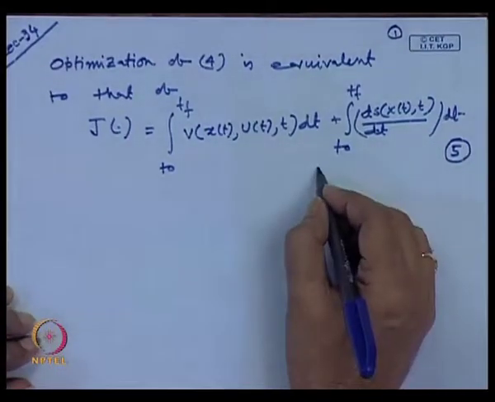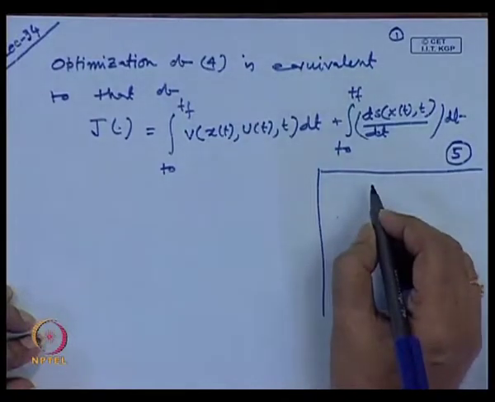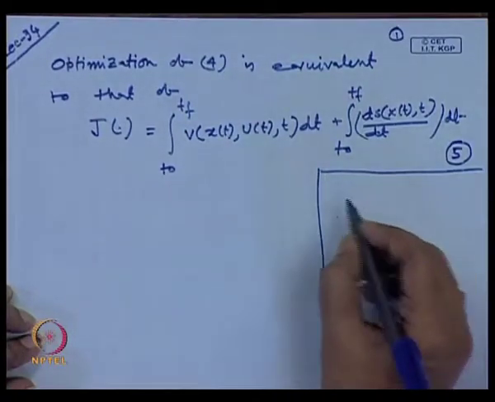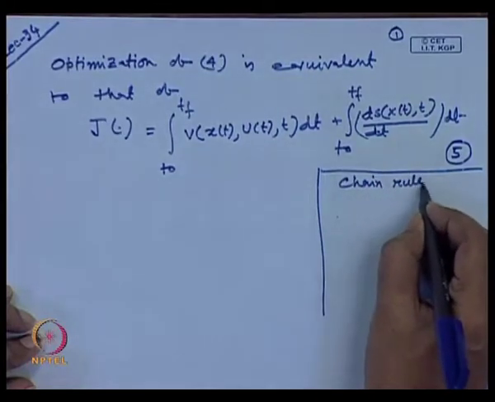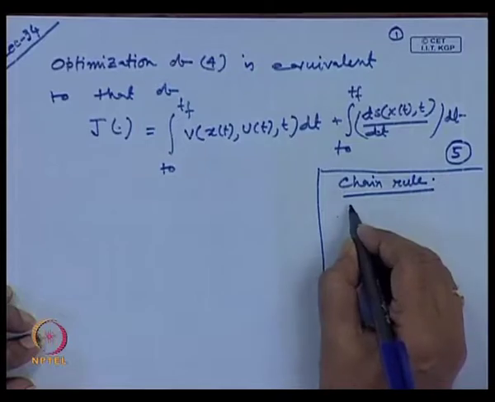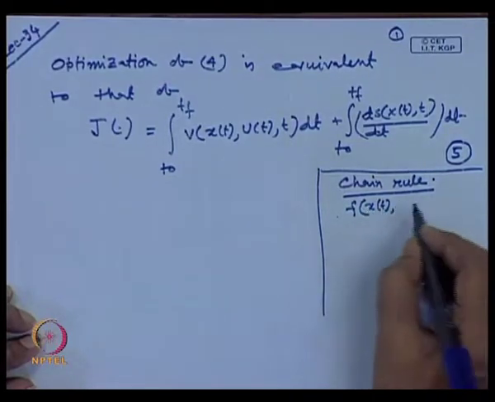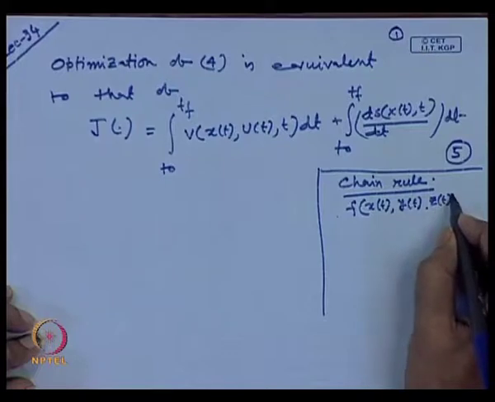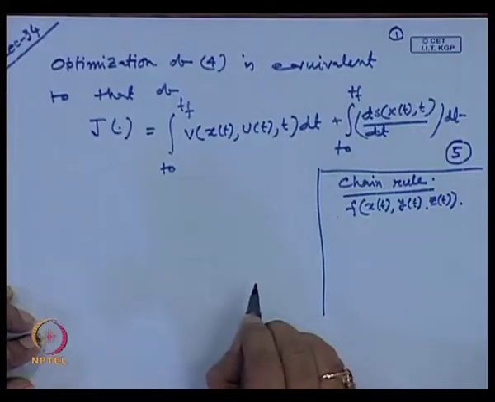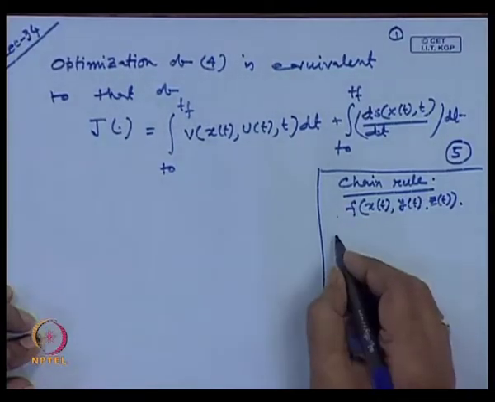Before further derivation, let us recollect the chain rule in differentiation. Let us say we have a function f which is a function of x of t, y of t and z of t, where x, y and z are also functions of the time parameter t. We want to differentiate this with respect to time t.